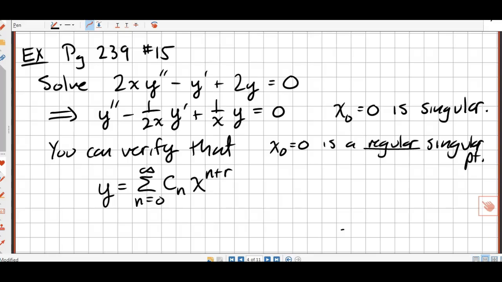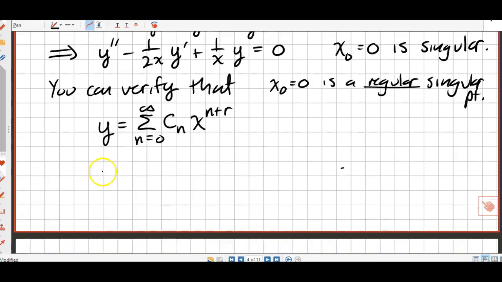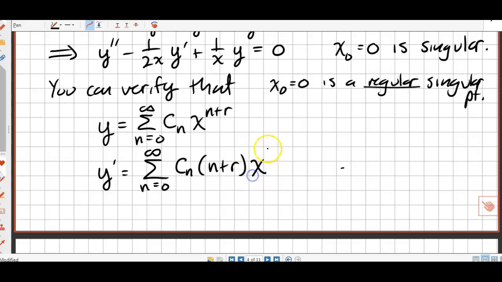Okay, so if y is that summation, then we can find y prime by just taking the derivative of that term. So we get, once again, from n equals 0 to infinity, c sub n times n plus r times x raised to the power n plus r minus 1.